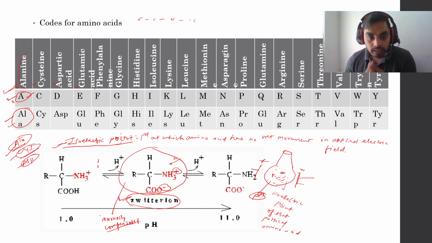So this is the graph, basically a diagram. This central pH is the isoelectric pH, and we can have a pH lower than this and a pH higher than this. If we have a pH lower than the isoelectric pH, then we have extra H plus in the medium.